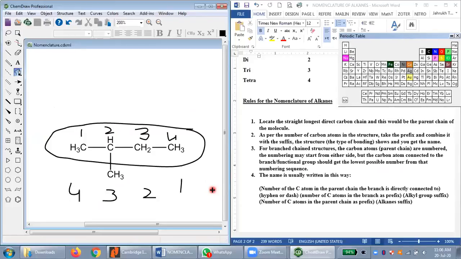The previous example was one of the easy examples in which the right to left and the left to right numbering sequence were both correct for the example. But as soon as you're going to step up and go for the complicated structures, the numbering sequence may not be correct for every side. Do you get my point? Anyone who's still not clear?